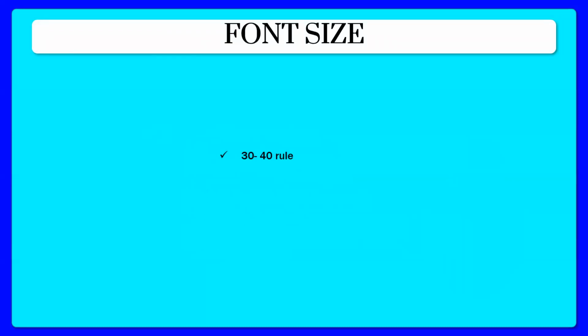Now in font size, most of the time we think from our perspective, that is, we are able to read the slide. So we do not think from the perspective of the audience. It is very important that we think from the perspective of the audience. The audience should be able to read from a distance. So we should maintain the 30-40 rule, and it increases the clarity of the points, and it also leads to uniformity.